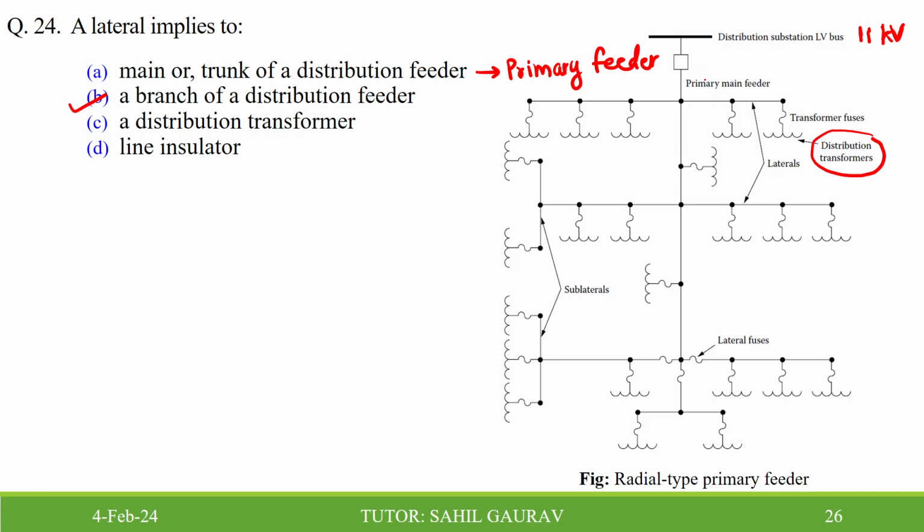Sir, but the distribution substation is supposed to be an HV bus instead of an LV bus. Is it not supposed to be HV bus? 11 kV we consider as high voltage, yes.